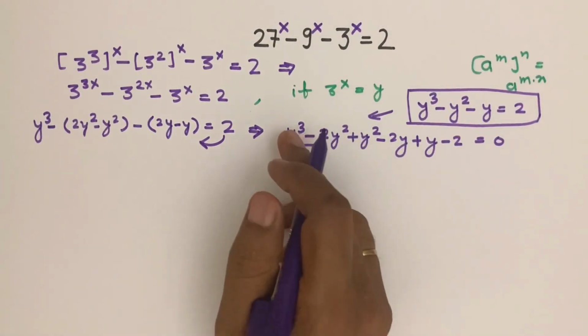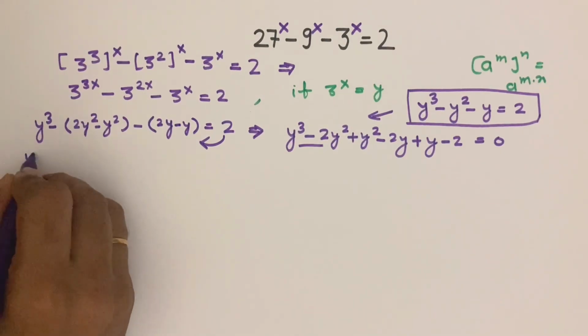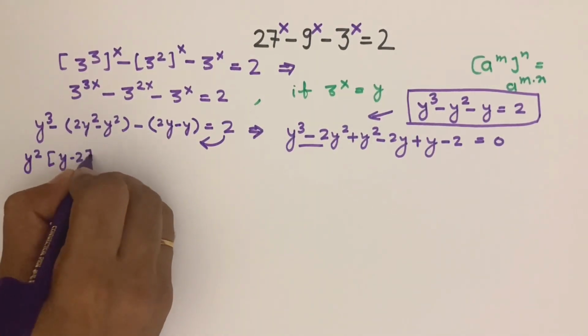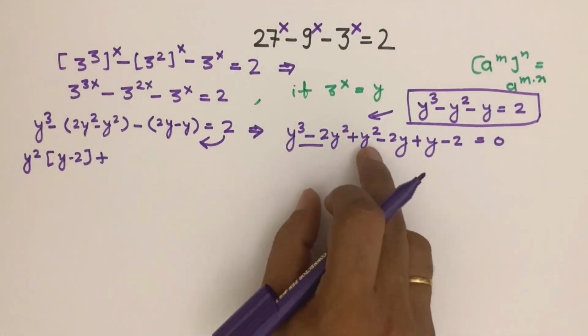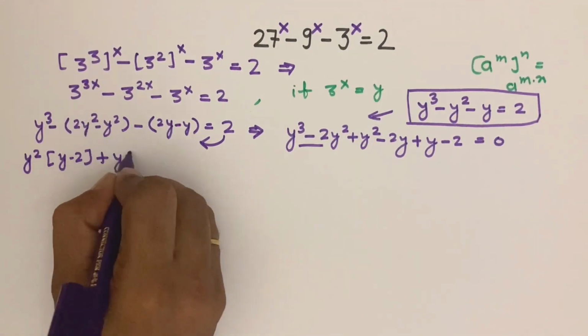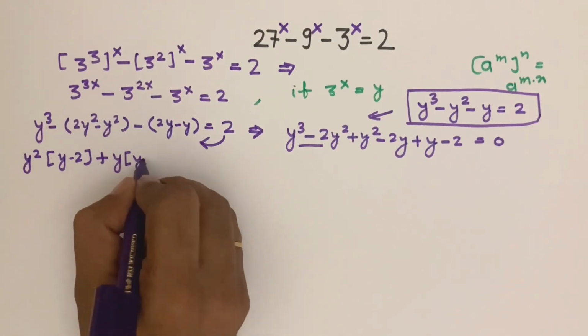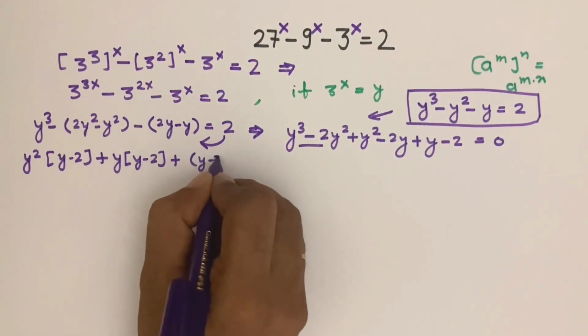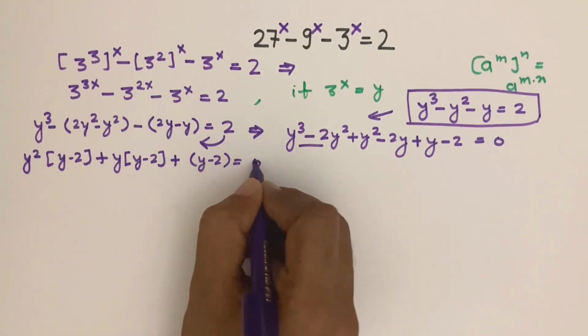Now here take y square common, so this is y square bracket y minus 2, plus here take y common, so this becomes y minus 2, plus y minus 2 equals 0.